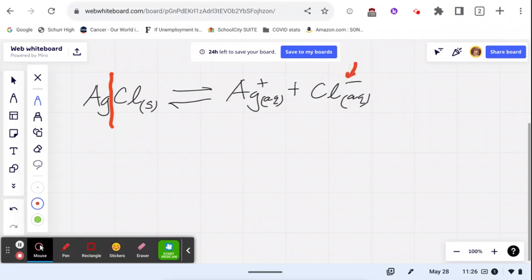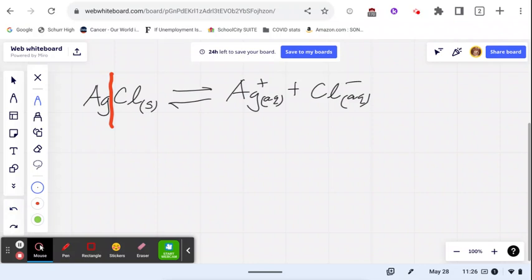So in order for this whole thing to be neutral, there's one chloride, one silver. The silver here has to be a +1 ion in order for the silver ion and the chloride ion to cancel each other out and form a neutral solid. So that should all be review, and actually, we did a worksheet that did similar things to this.